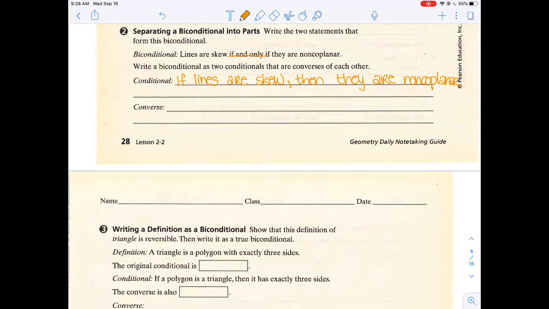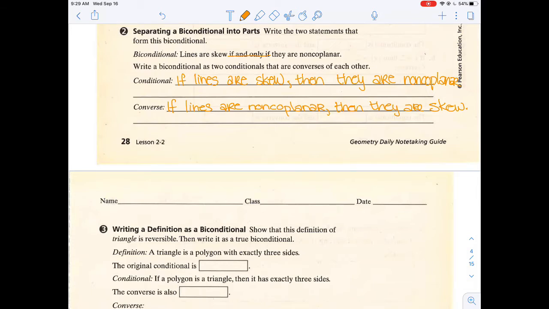Now I need the converse. I need to switch the hypothesis and conclusion. If lines are non-coplanar, then they are skew. That's all there is to it.